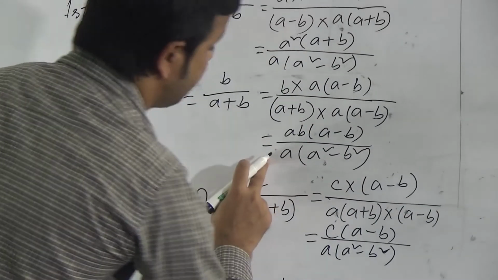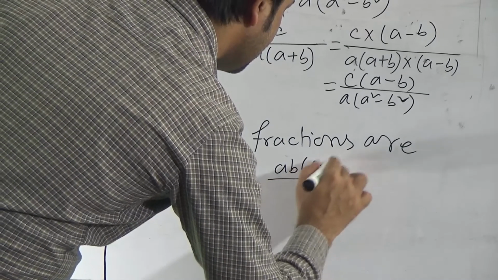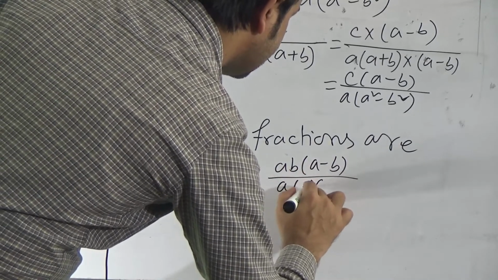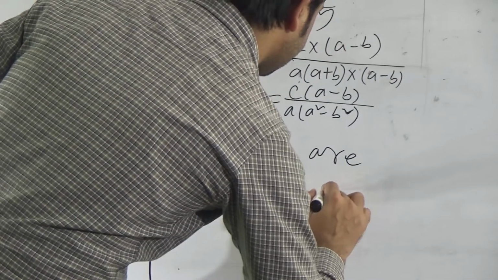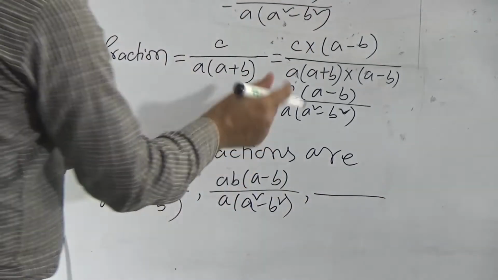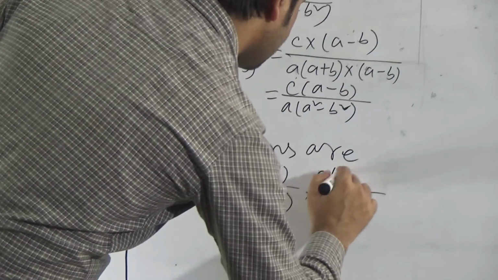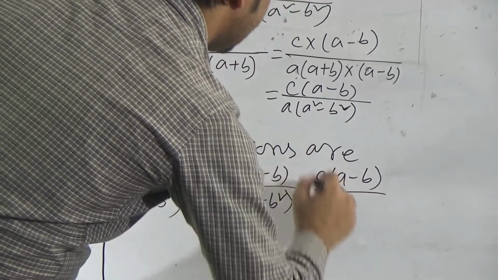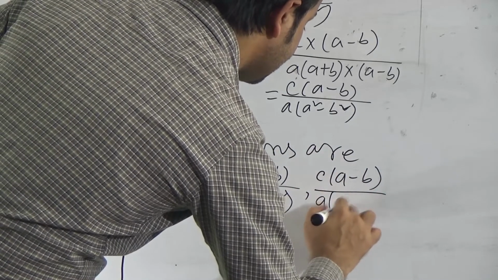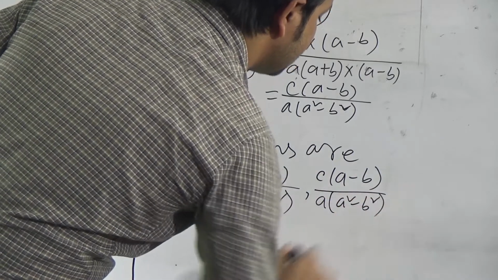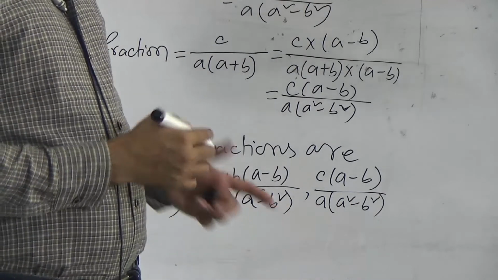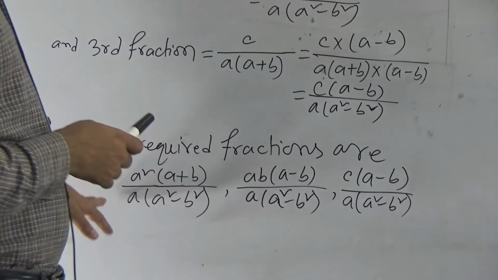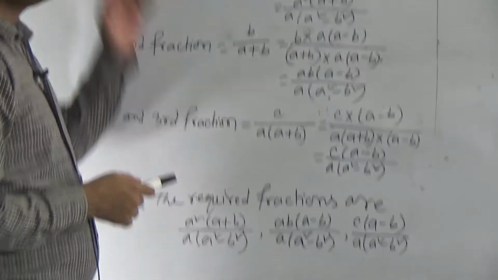Second fraction is ab into a minus b by a into a square minus b square. And the third fraction, the last fraction, is c into a minus b, and here is a into a square minus b square. Dear students, now see, the denominators of these three fractions are the same. So this is our answer for question 19.